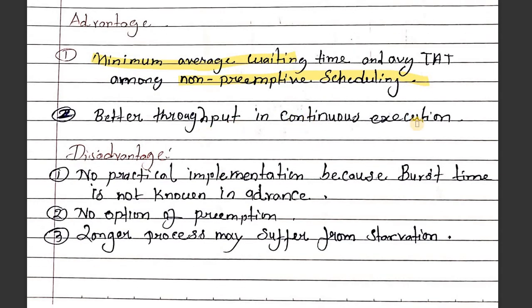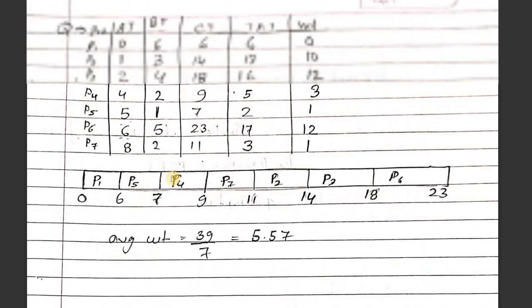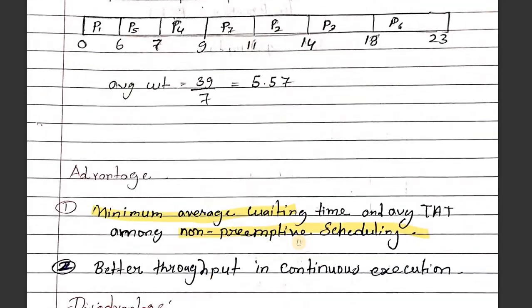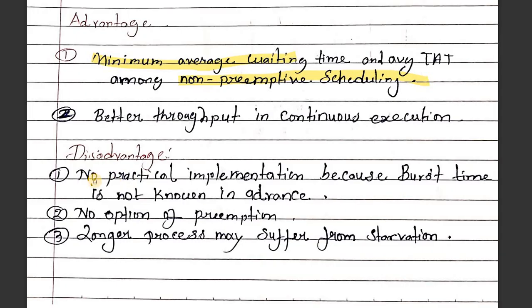Better throughput in continuous execution. Disadvantage: no practical implementation because the burst time is unknown. In the beginning, we don't know or calculate the burst time, so it is not practically implementable.